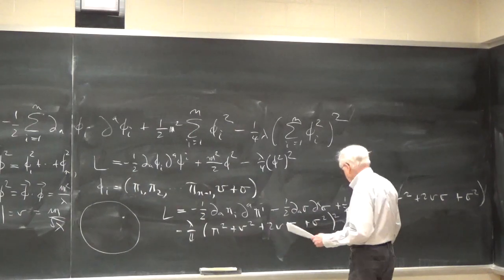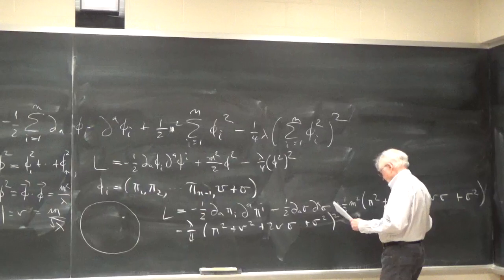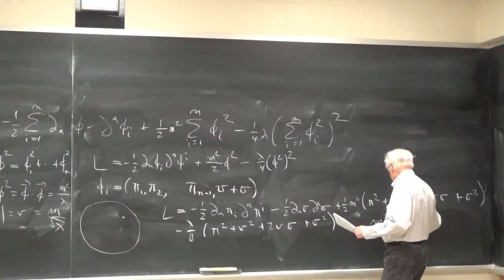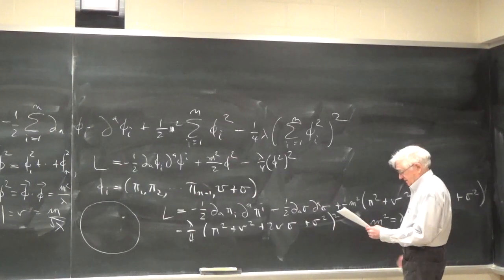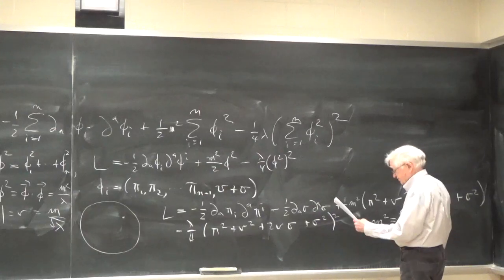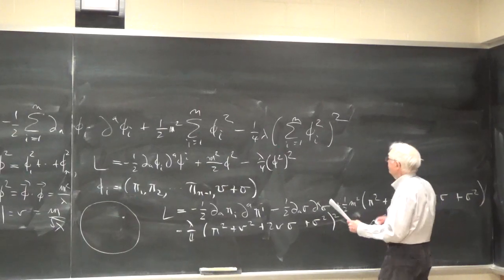And in this expression m squared is equal to lambda v squared, and so there are considerable cancellations.